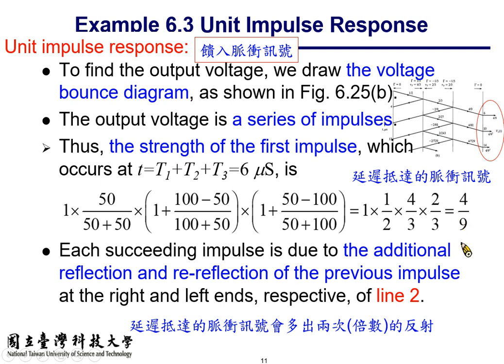And here is the expression for finding the magnitude of the propagating signal. This is the voltage division equation. This is the transmission coefficient on the interface of section 2 and 3. This is the transmission coefficient on the interface of section 1 and 2.